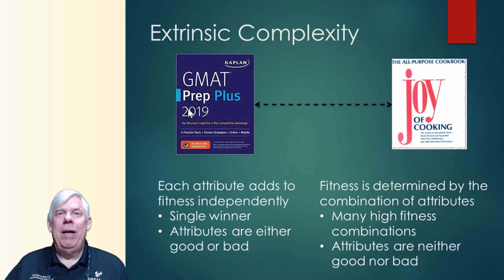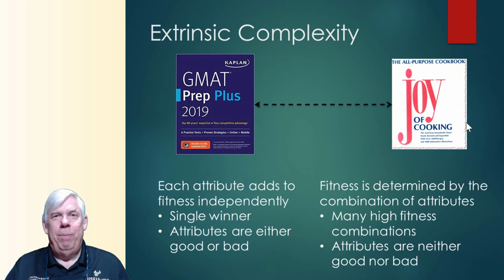Now, let's think about another example, the relationship between the ingredients in a recipe and the overall fitness of the final product, which you might measure in terms of how much you like it or dislike it.